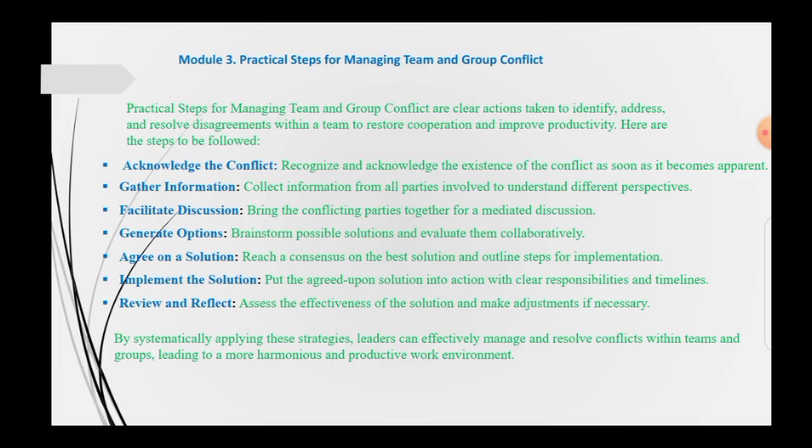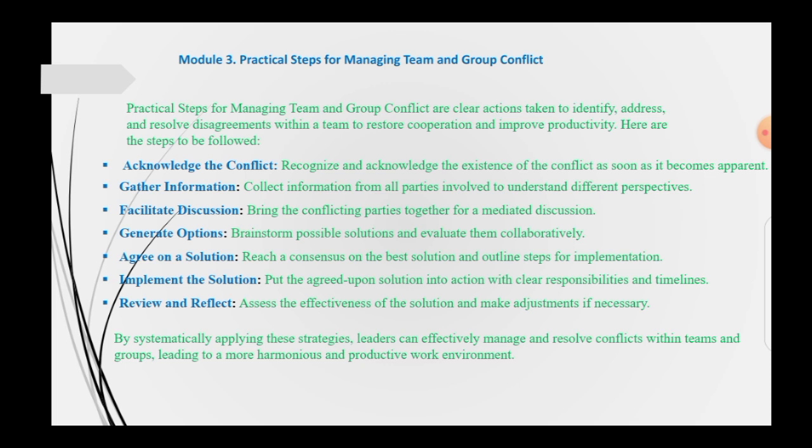First, it is important to acknowledge the conflict early to prevent escalation. Then, gather information from everyone involved to understand all viewpoints. Facilitate a mediated discussion where parties can express their concerns openly.